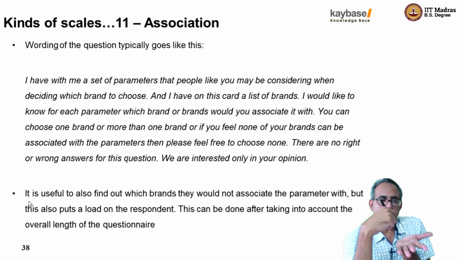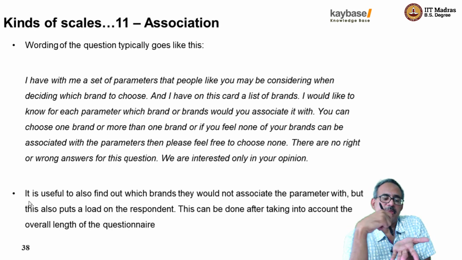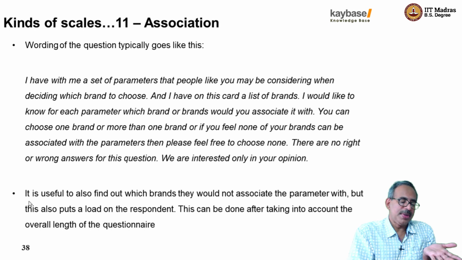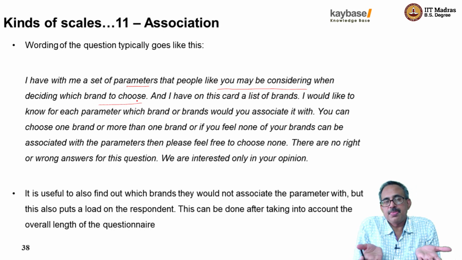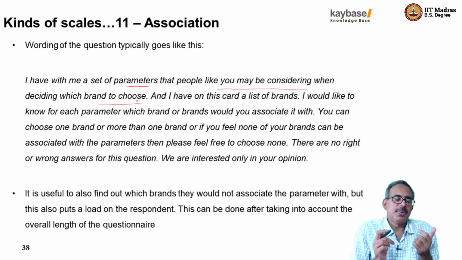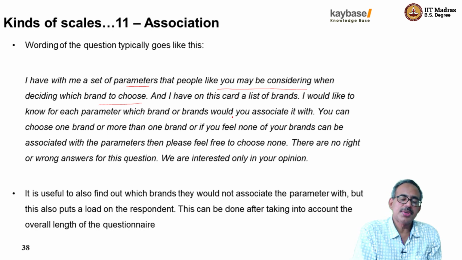There could be other parameters. All these are the qualities that people look for from a soap. So I have with me a set of parameters that people like you may be considering when deciding which brand to choose. Separately, I have a list of brands with me. So I would know for each parameter which brand you'll associate with.